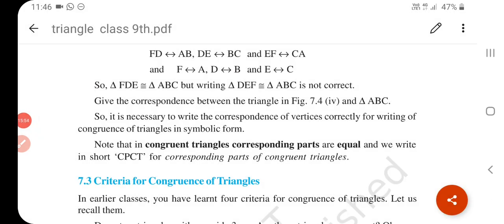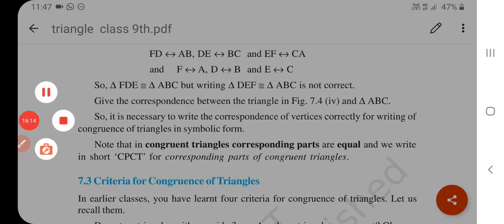We learned about these properties, and if they hold, then the two triangles are congruent to each other. So in this chapter we have also learned all these criteria for congruence of triangles, understand?